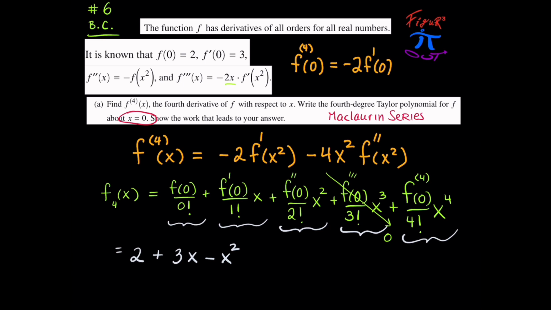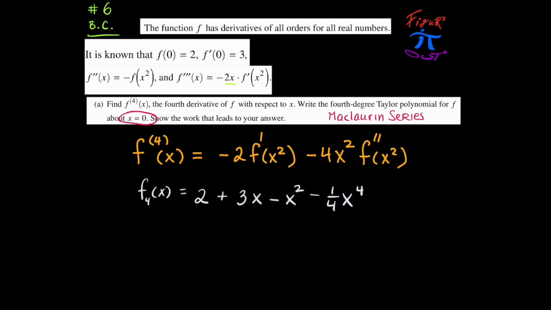And that looks to give us negative 6. Now dividing that by 4 factorial will give us a negative 1/4 x to the fourth as our final term in our fourth degree Taylor polynomial approximation. So there it is, part A finished.